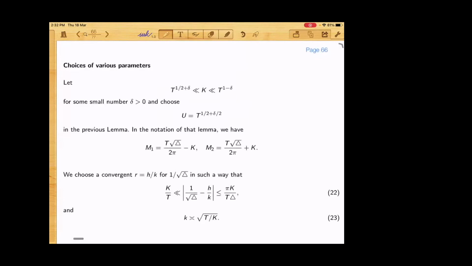So the various choices of these parameters are as follows. To begin with, we choose k, and later we will maximize k. And this m1 and m2 are small, close to t by square root of t by 2 pi. And the convergent r is chosen in this way.